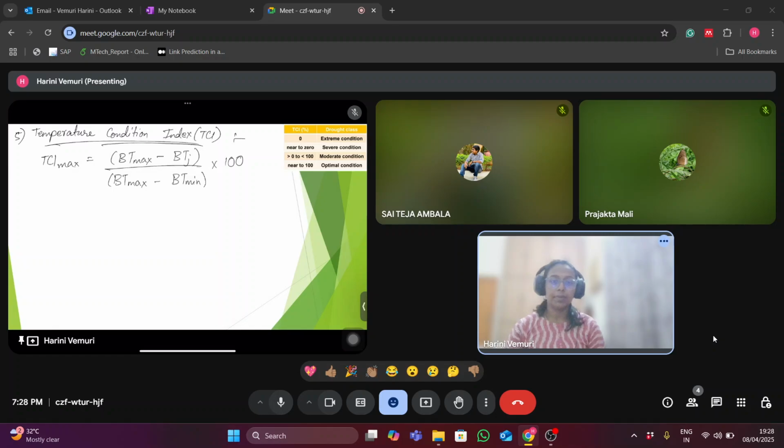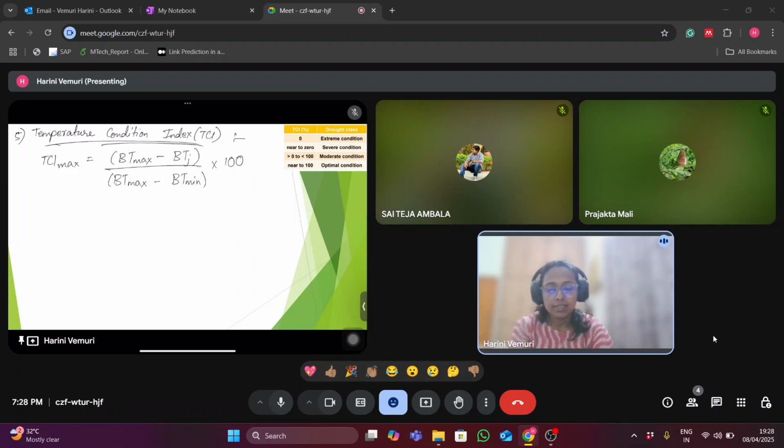BT is the brightness temperature for the jth month or week, and BT max and min are the long term maximum and minimum of brightness temperature for the jth month or week. So long term means we have to take a minimum of 20 years.